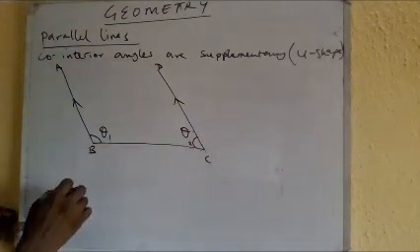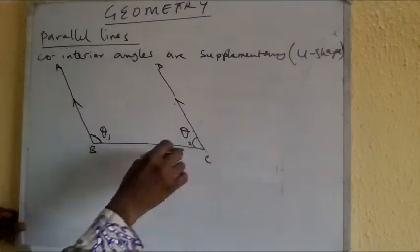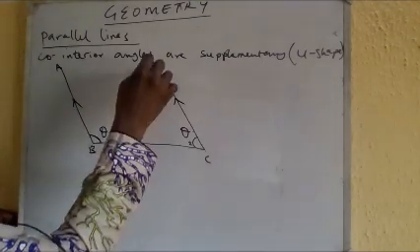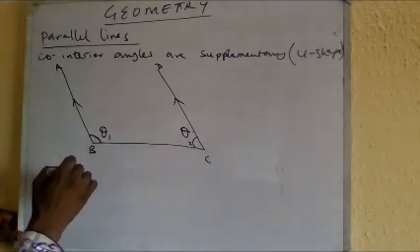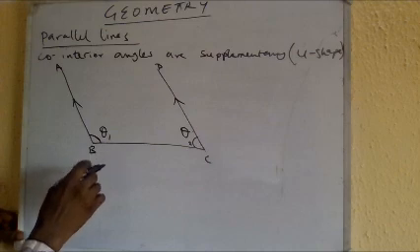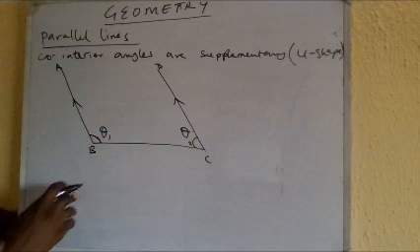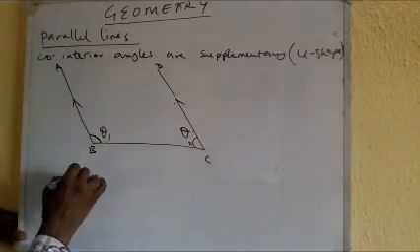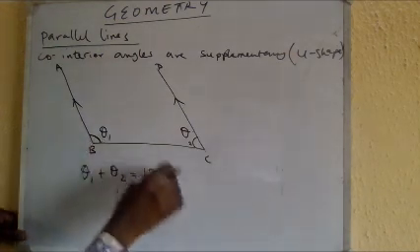The angle formed by line AB and BC is equal to the angle formed by line DC and B. The reason is that co-interior angles are supplementary. No, not equal, sorry. Supplementary means theta 1 plus theta 2 is equal to 180. That's what it means.